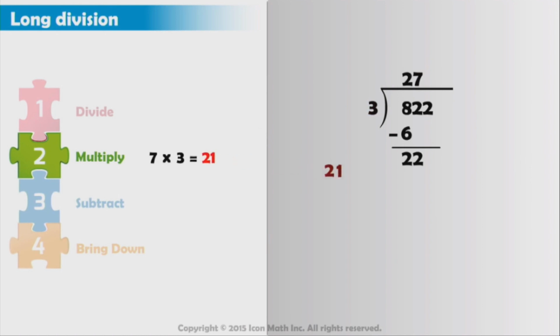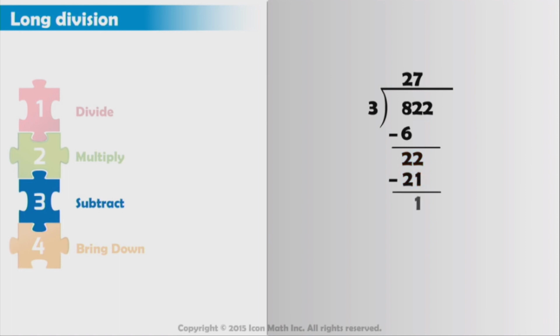And we write 21 below 22, the number we divided. Then we subtract. 22 minus 21 equals 1.